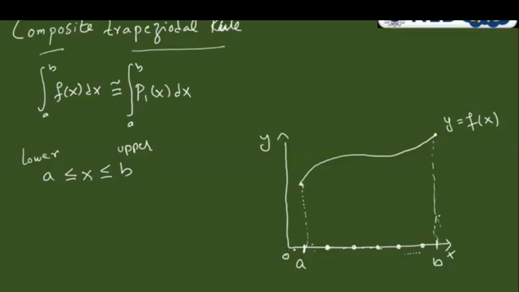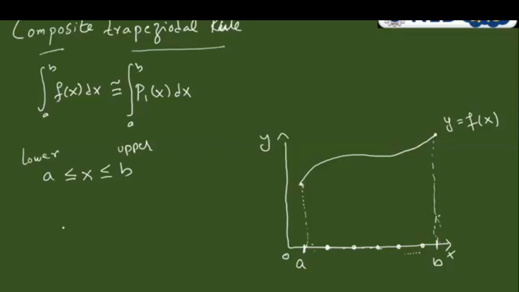I said, okay, the first point is a and the last point is b. Because I am not relying on only two points, a and b, I have divided that interval from a to b into small pieces: a, this point, then this point, then this point, and this point. It's just like the data that we have represented in the operators as well.